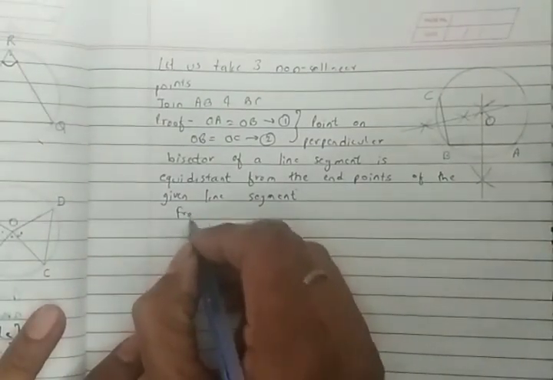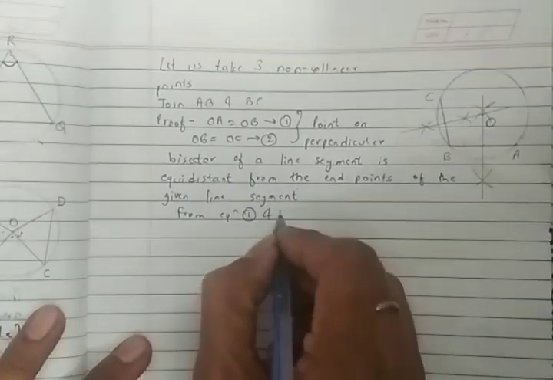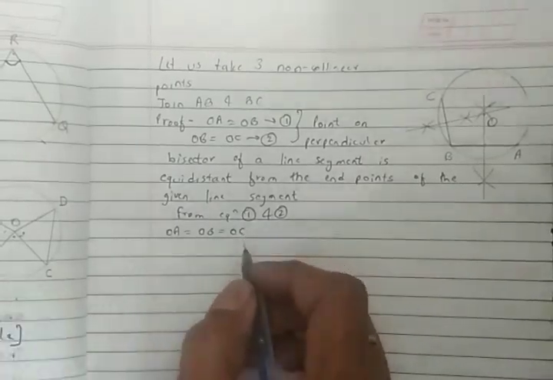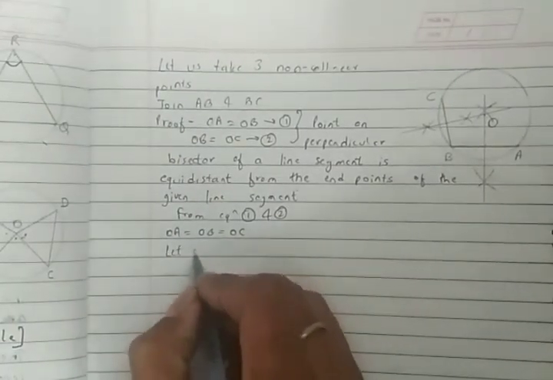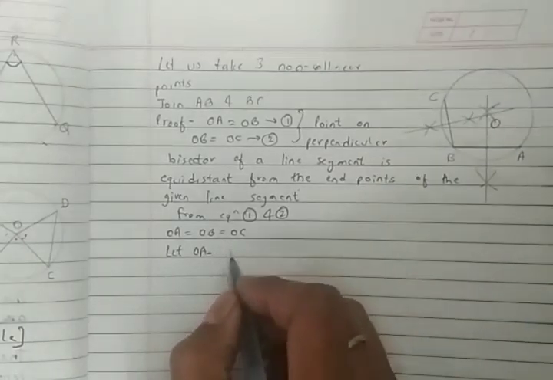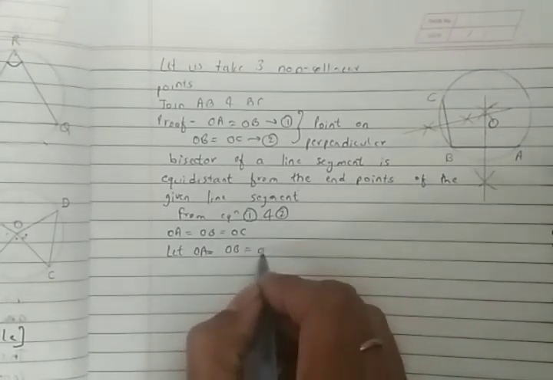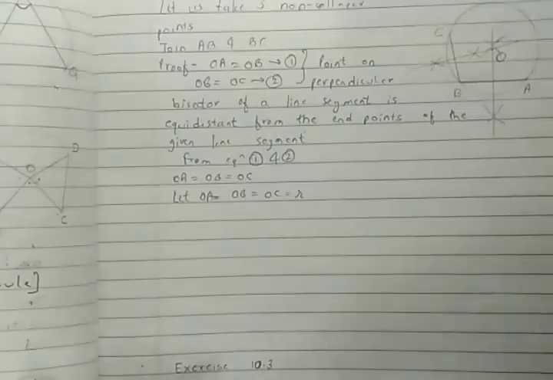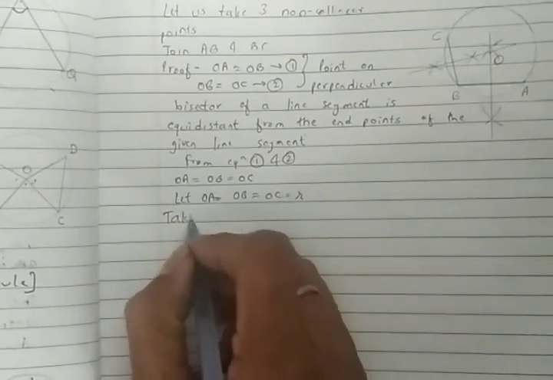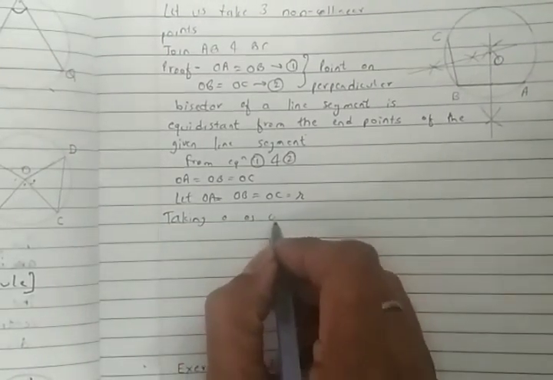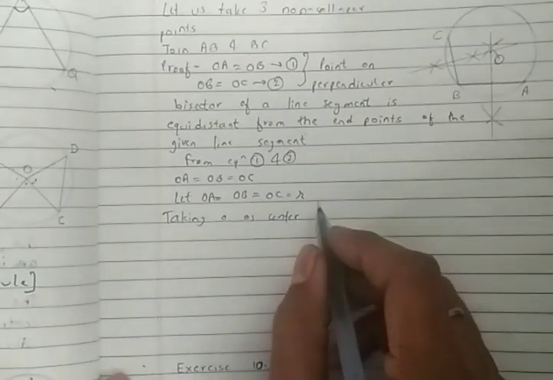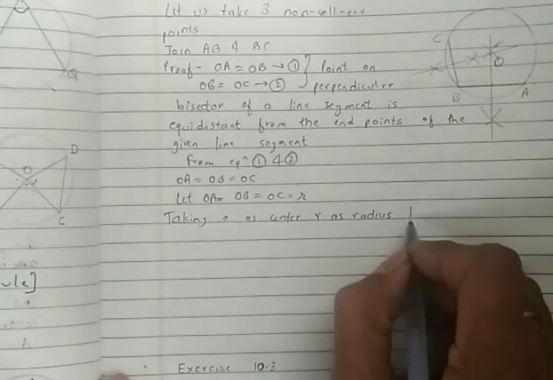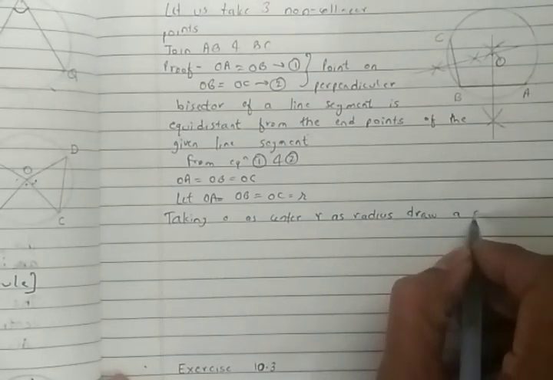So from equation 1 and 2 we get OA equal to OB equal to OC. Let OA equal to OB equal to OC equal to R. Taking O as center, R as radius, draw a circle.